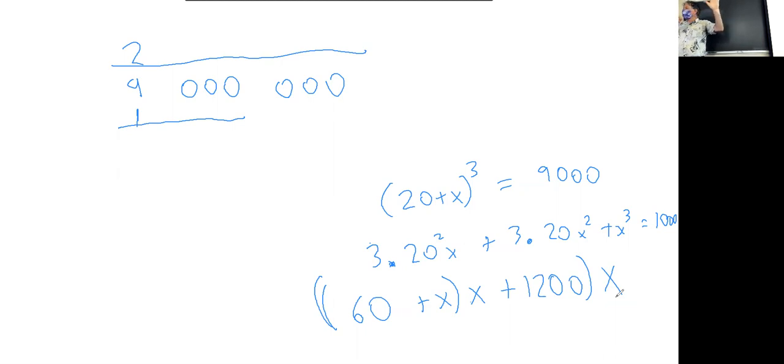So that's 5 total. Then I've got 2 additions. So that's 7 different pieces of arithmetic to do it this way. Whereas this way, I do 60 plus x, that's 1. Multiply it by x, that's 2. I add 1,200, that's 3. I multiply it by x, it's 4. So it's 4 versus 7 computations. So it's much more efficient to do this. And the bigger the polynomial gets, the more savings you're going to get.